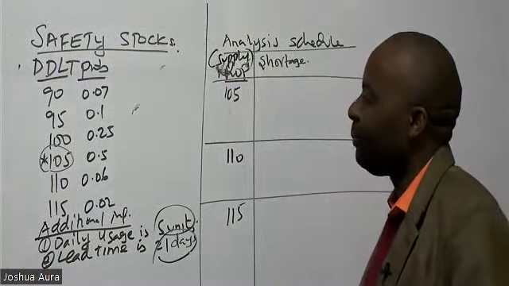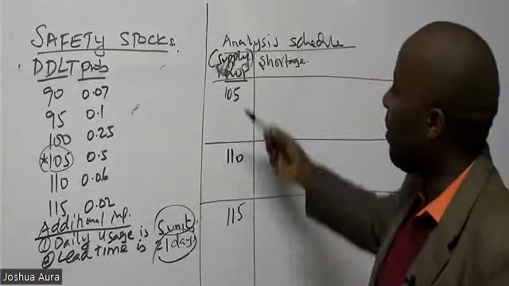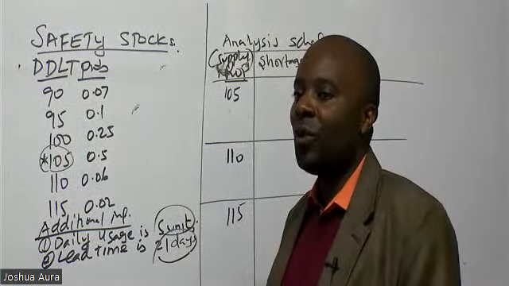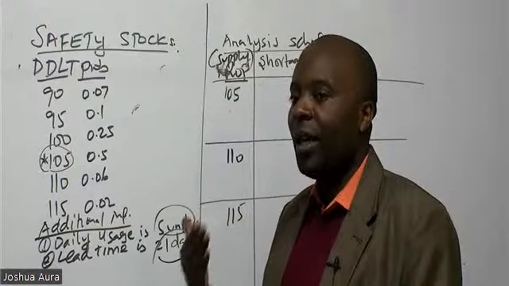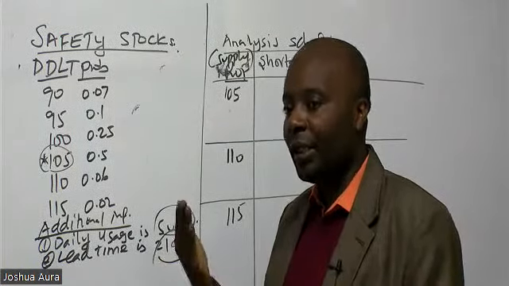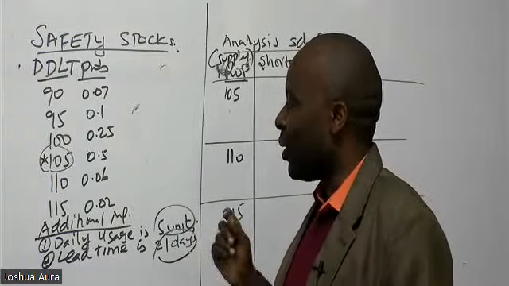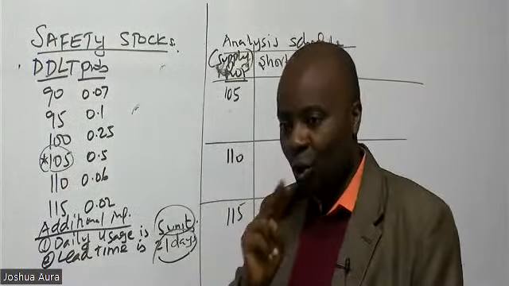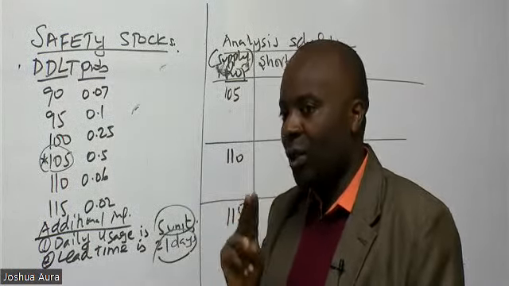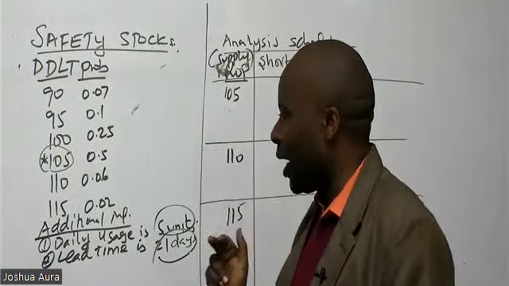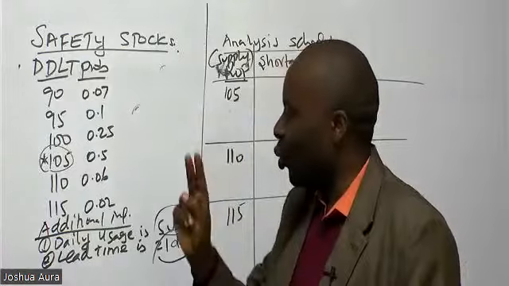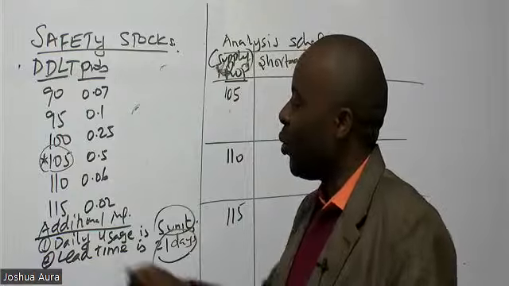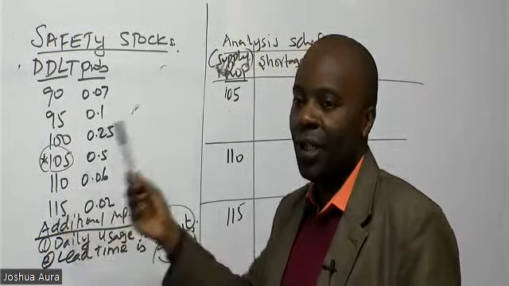So I'll match this supply with my demand and ask myself, what are those situations when I will risk running out of stocks? Here, there are only two demand levels which are bigger than 105. Which demand amounts are these? We have 110 and 115.